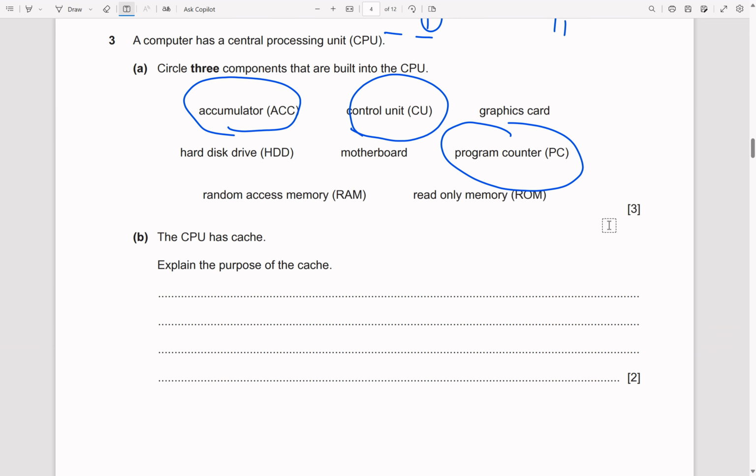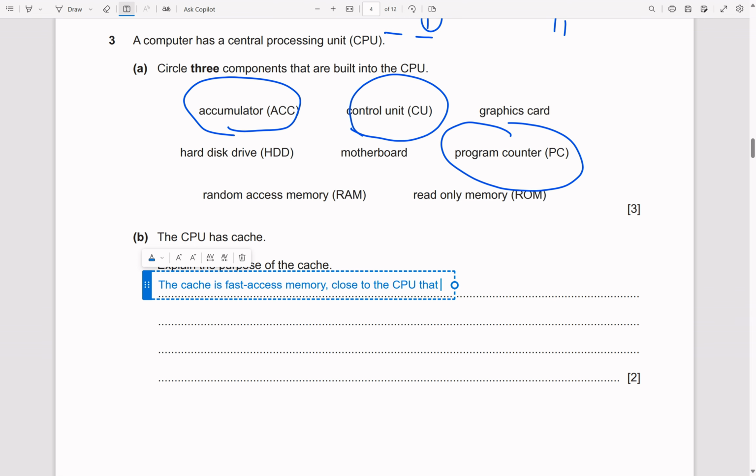So let's just try and put that into words. We'll say the cache is small, fast access memory, close to the CPU, that stores frequently used instructions and data.